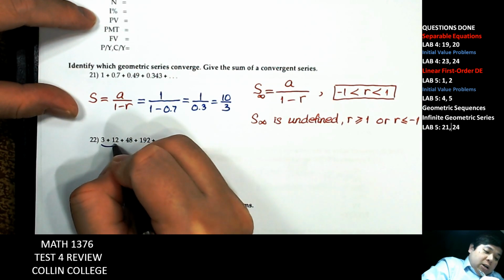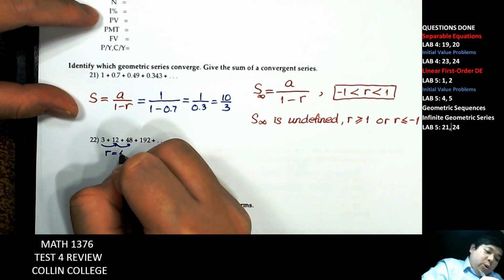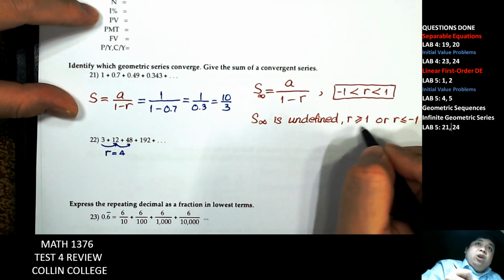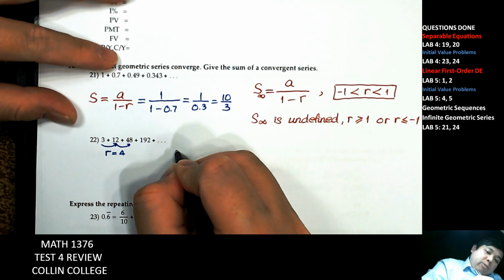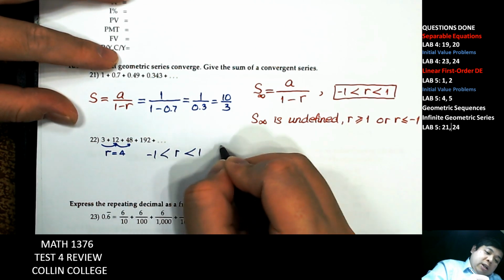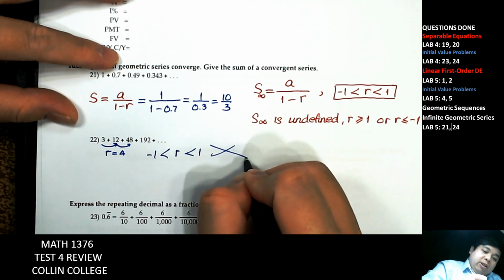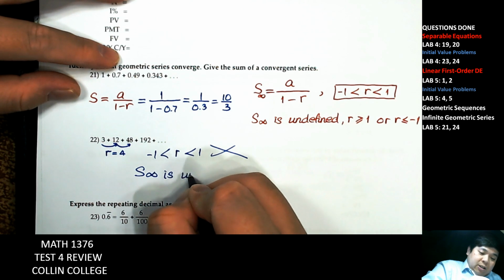Next, to go from this term to the next, we have r is equal to 4. Since r is bigger than or equal to 1, it is undefined. So r is not between -1 and 1, it failed. So we have the sum is undefined.